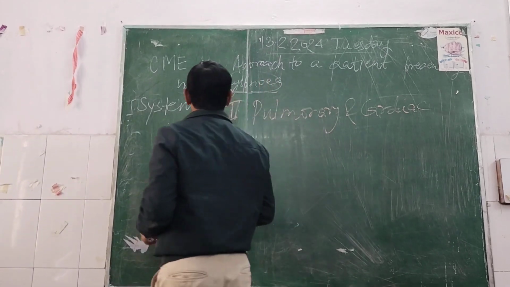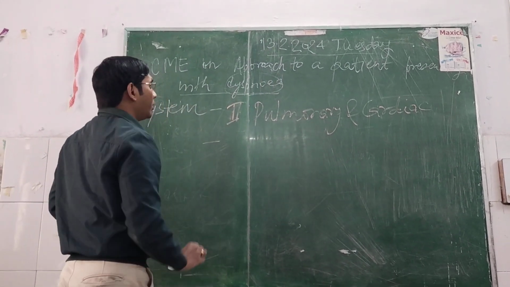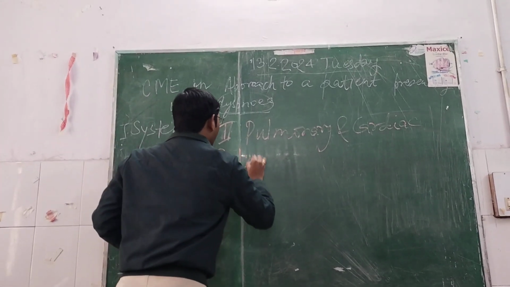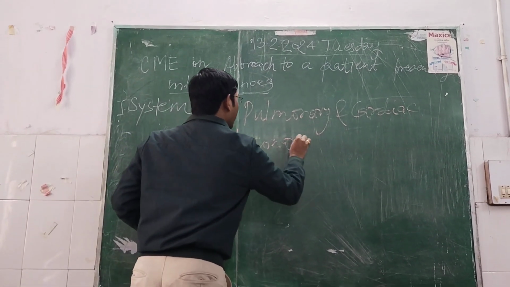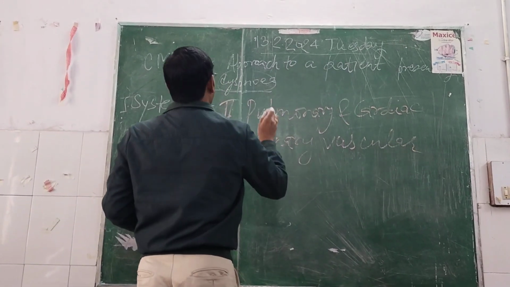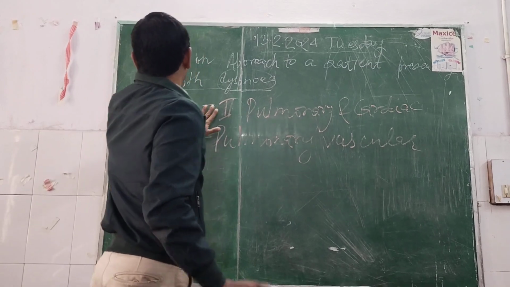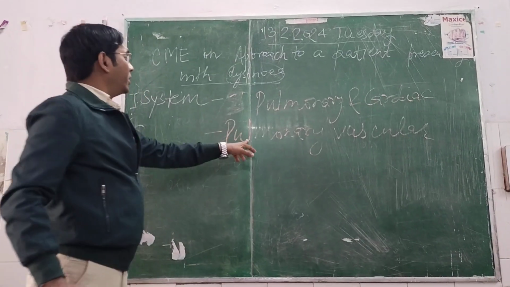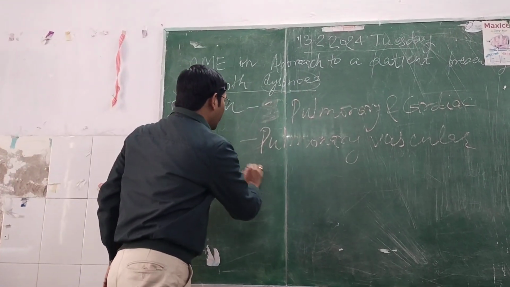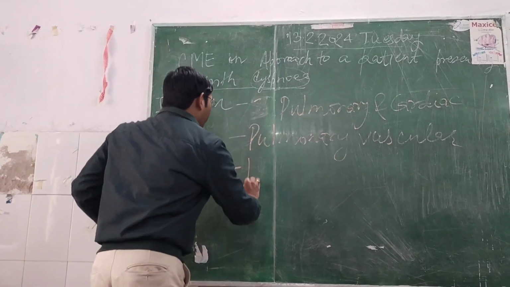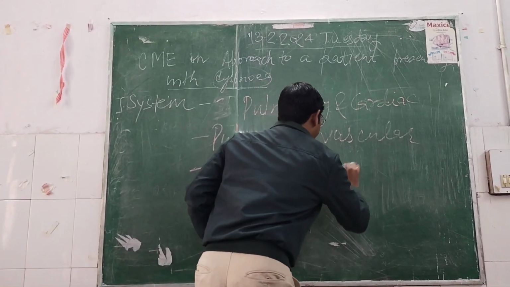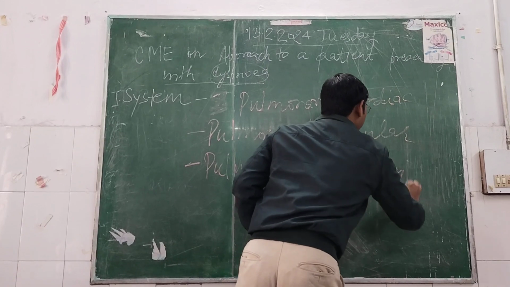In the pulmonary and cardiac system, the disease process will be in the pulmonary vasculature, and the example of the disease will be pulmonary artery hypertension.